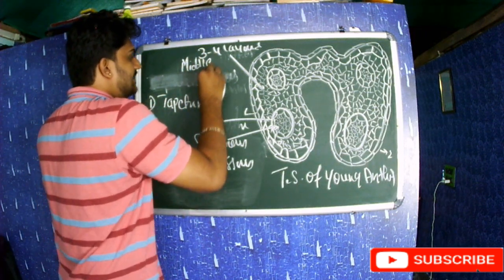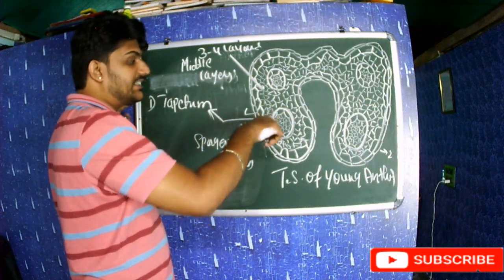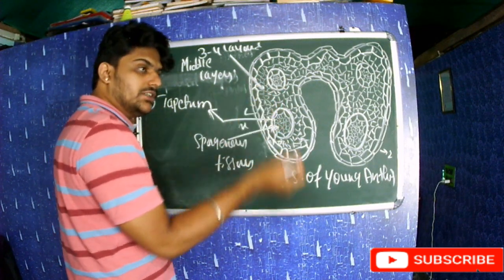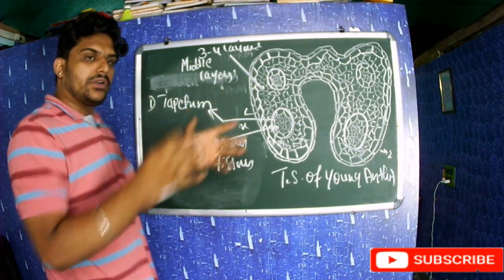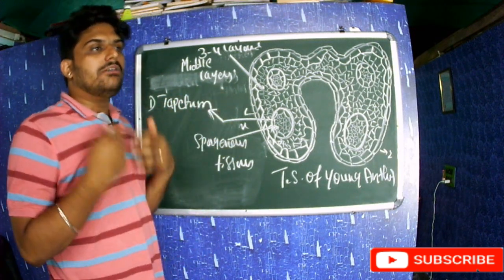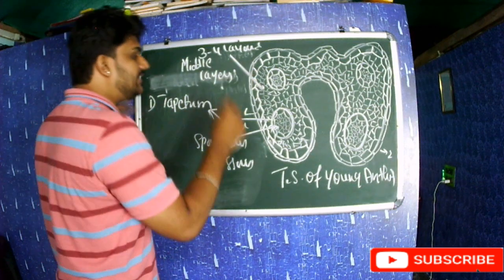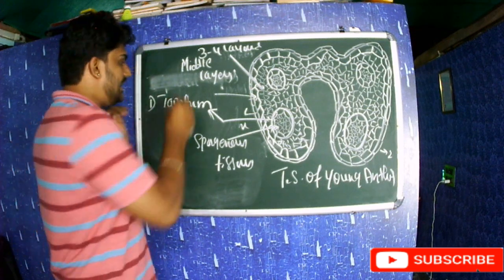These mainly help in the transportation of nutrition from the plant to the tapetal layer. It also gives protection, like shock absorbing and vibration absorbing.